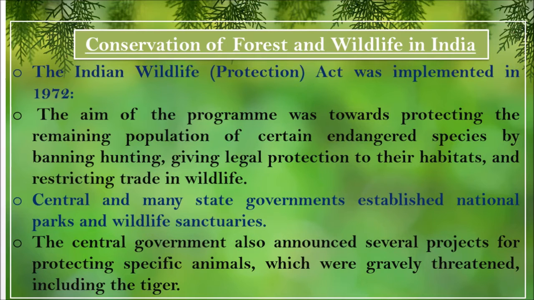Under the Wildlife Act of 1980 and 1986, several hundred butterflies, moths, beetles and one dragonfly have been added to the list of protected species. So there is a list of animals, birds and insects which the government has to protect.